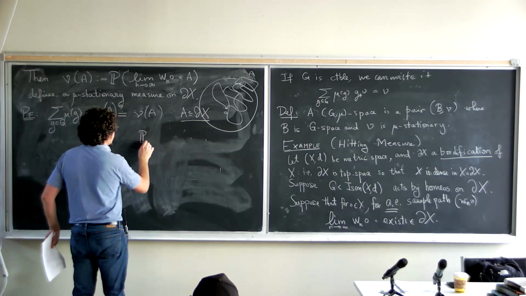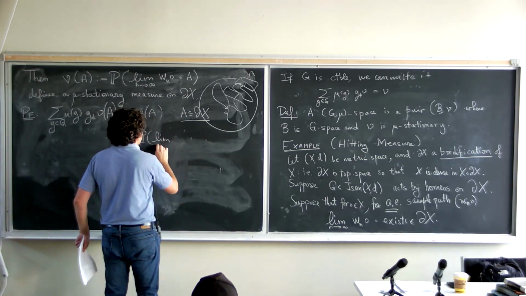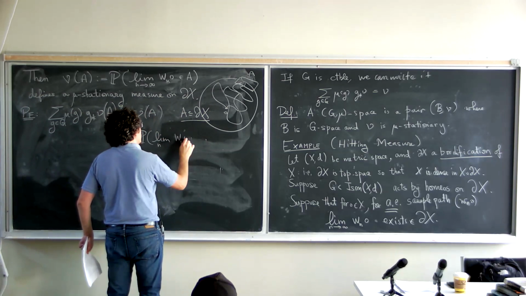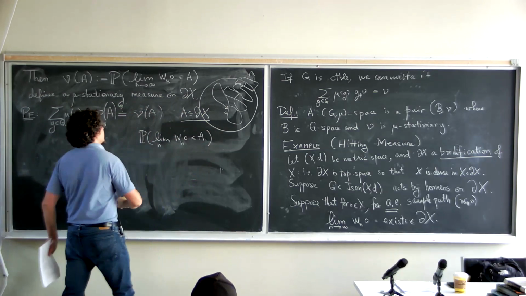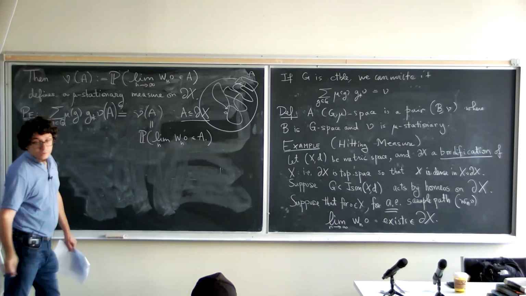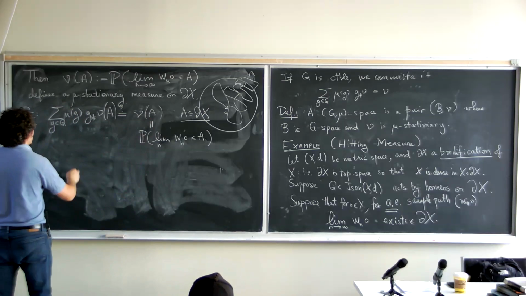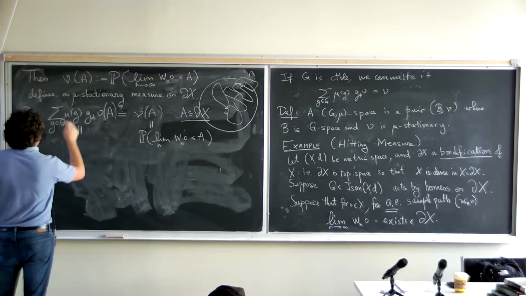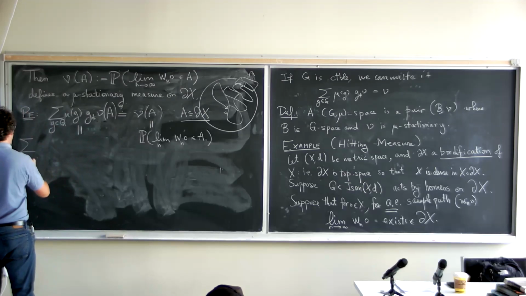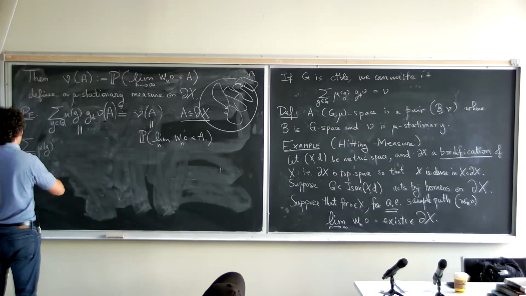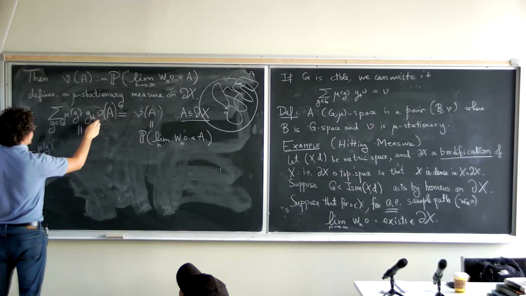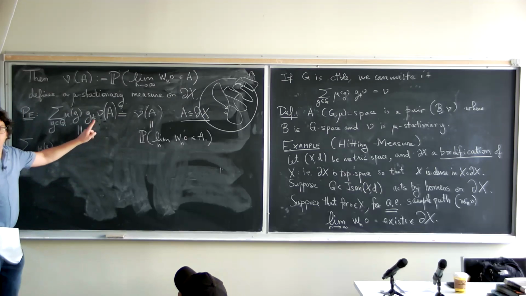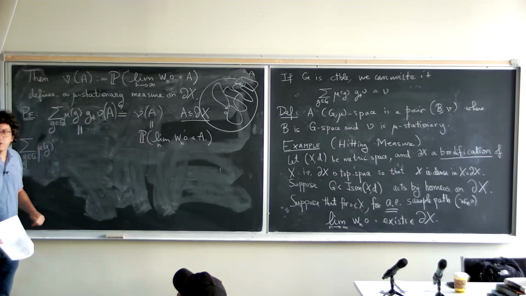Okay, let's see. So what is this? This is the probability that the limit of W_n O belongs to A. And what is this? This is a sum over g in G of mu of g times g star nu, and g star nu of A is nu of g inverse of A, right?